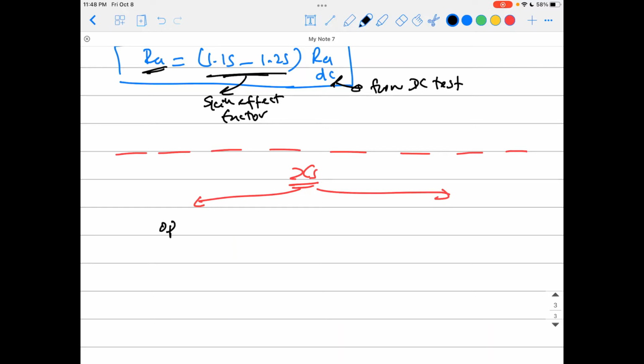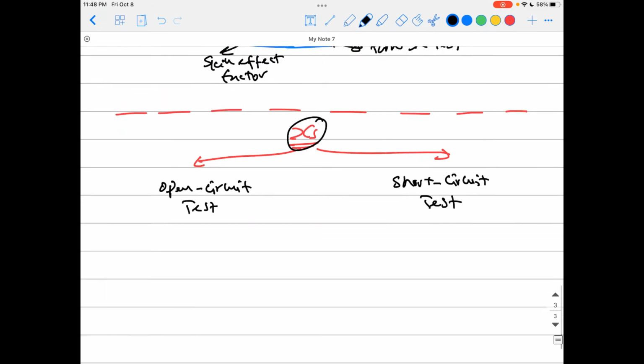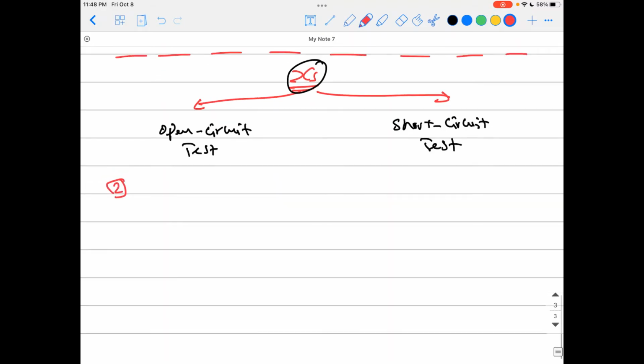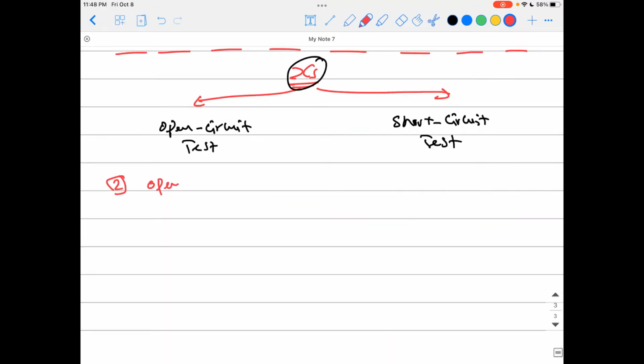The first one we call the open circuit test, and the other one we call the short circuit test. So two tests to find the synchronous reactance XS. Okay guys, we will take them one by one. So that is the second test here after the DC test, the open circuit test.